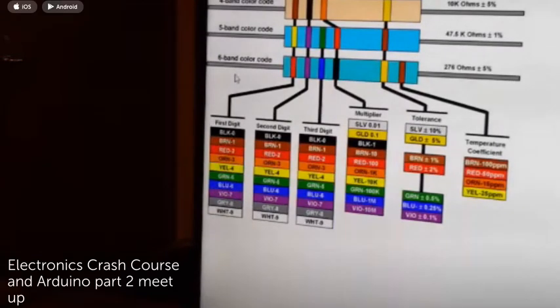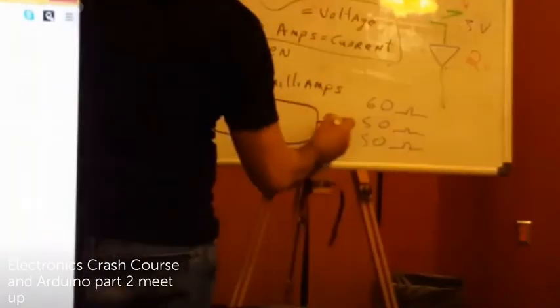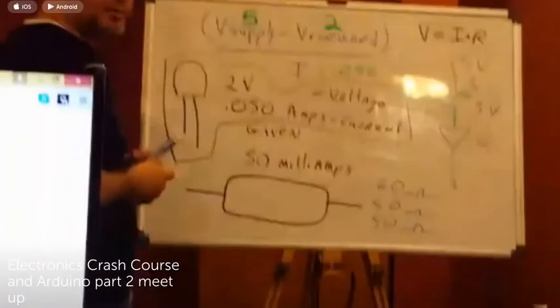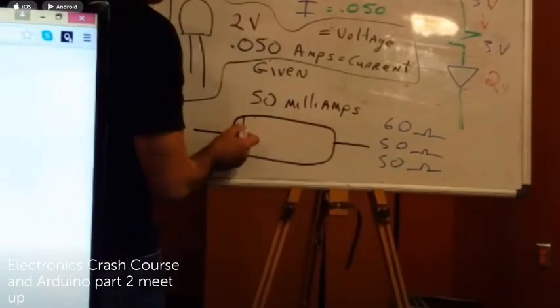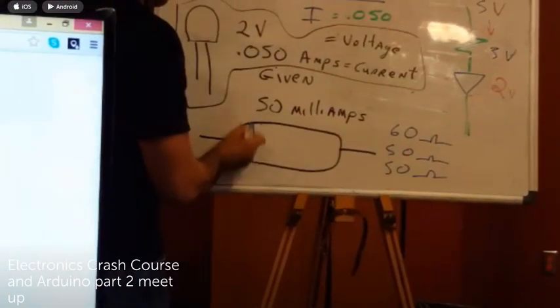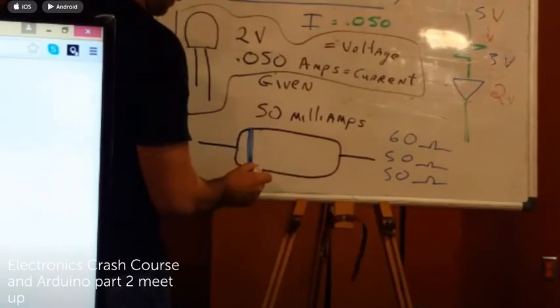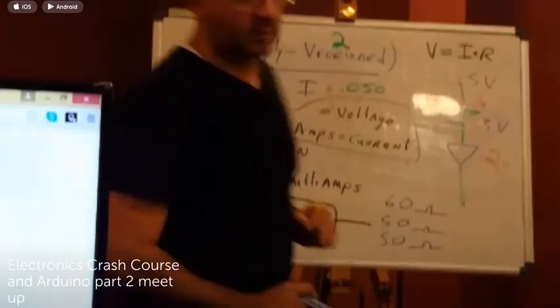So in our resistor, let's say this is our resistor right here. The first one we need is a blue. What do we need next?